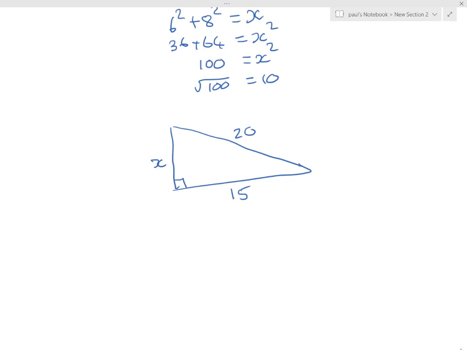Instead of adding the two short ones to make the long one, we subtract the short from the long. So we go 20 squared minus 15 squared equals x squared. So this is c squared minus b squared equals a squared, the other way around, yeah? So that's 400. 15 squared, whatever's that?